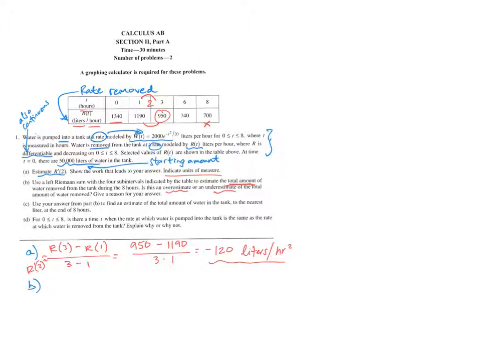Remember, a left Riemann sum will be the area of these rectangles, where the base of the rectangle is your change of x, and the height is found by the left vertex of that rectangle. So our first rectangle is going to have a base of 1 because our change of x was 1, and we use that left point to get our height, which is 1340.